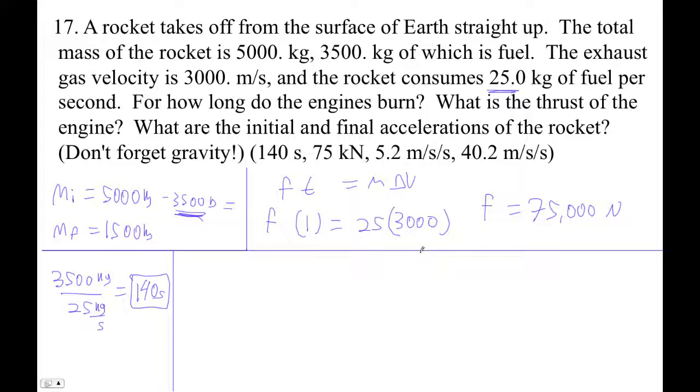And now we've got to figure out the initial and final accelerations. So the initial: here's a 5,000 kilogram rocket. The force up is 75,000. And then the force down is going to be the force of gravity.